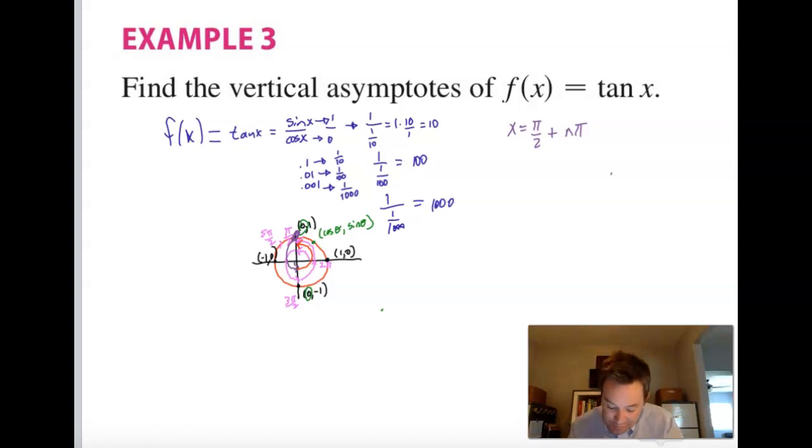And I need to make a statement about n, so I'm going to do this. And this represents the set of integers. All I'm saying here is that n has to be an integer, right? So it has to be a positive or negative whole number multiple of pi that you're adding to pi over 2, and that'll get you your vertical asymptote.